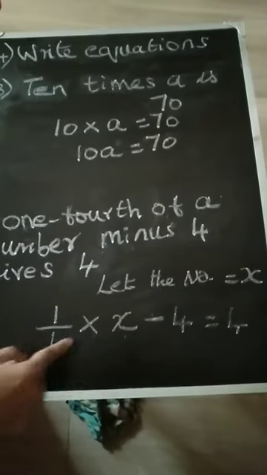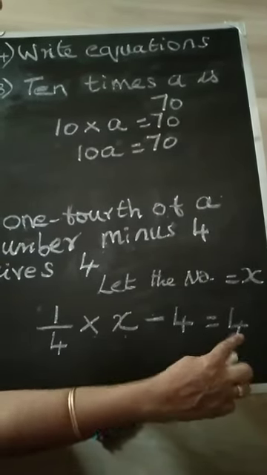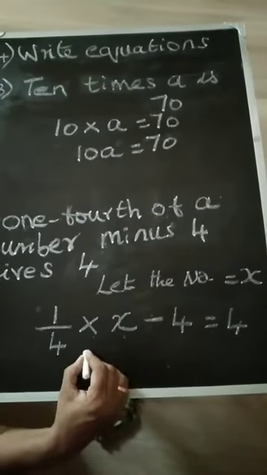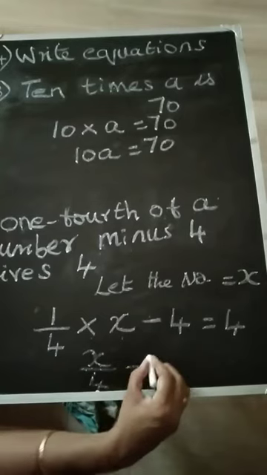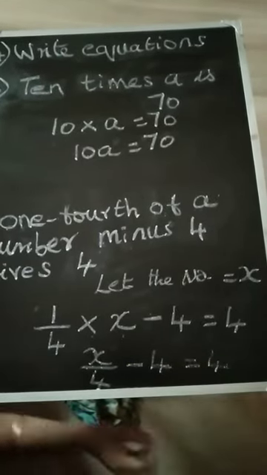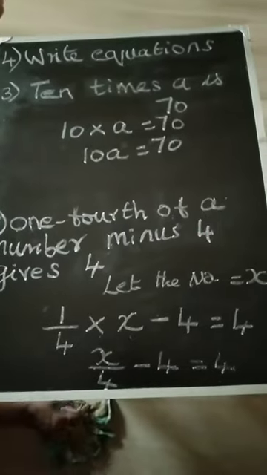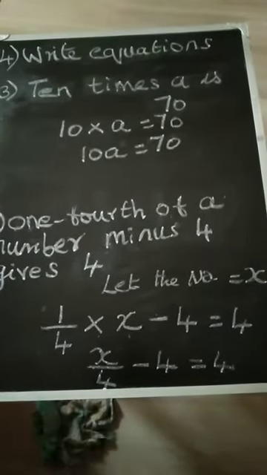So 1/4 of the number minus 4 is equal to 4. You can write it as X by 4 minus 4 is equal to 4. This is your equation. X by 4 minus 4 is equal to 4.